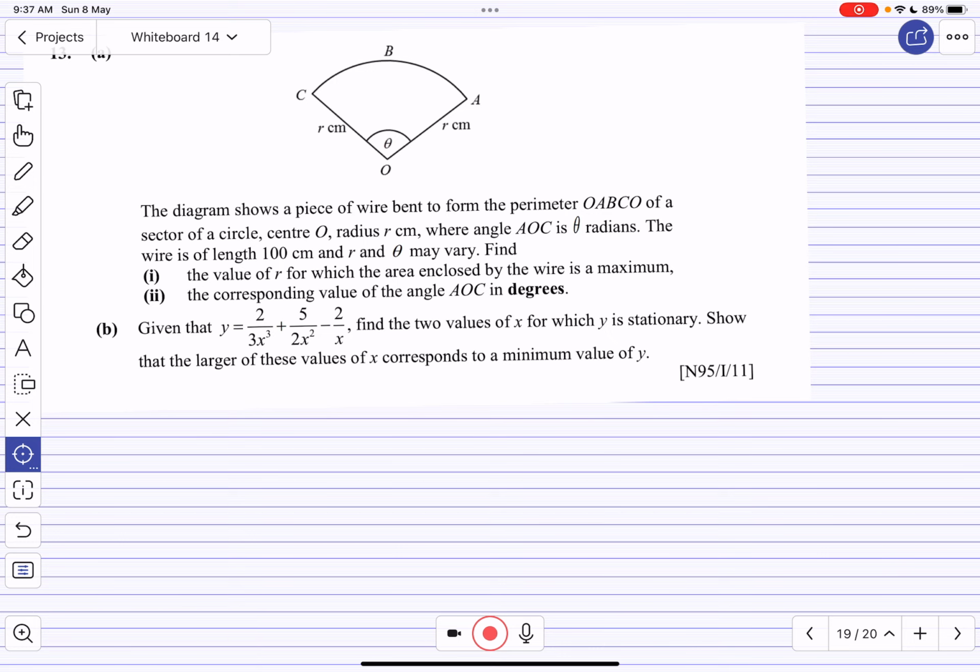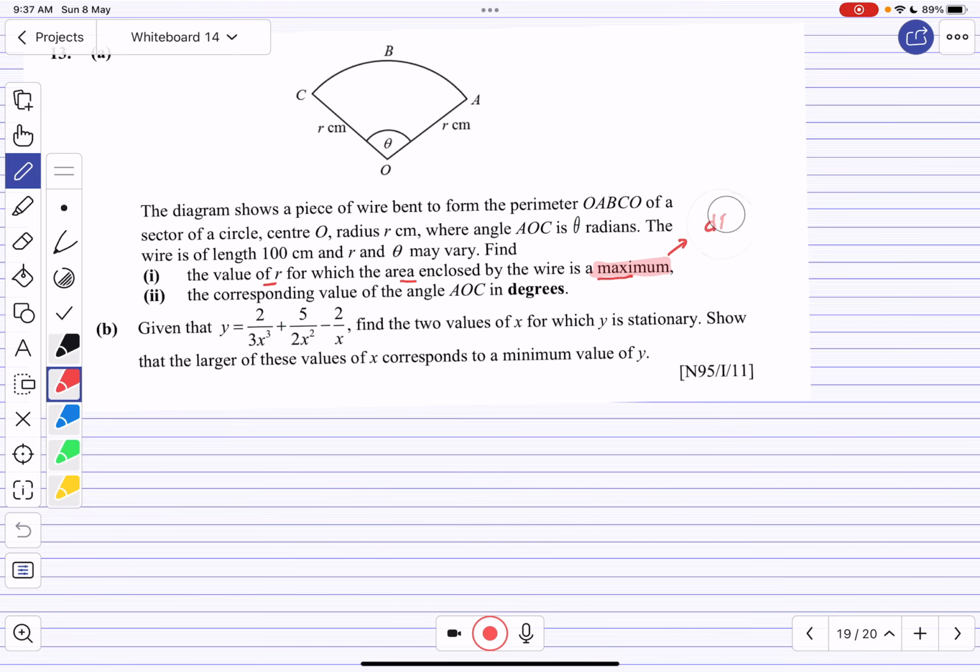Okay, so how do I go about doing this? I know that when I see the word maximum, this will suggest to us that likely this is a differentiation problem on the subtopic of maxima and minima. So the area is a maximum, the value of R, this will give you a hint that you are probably finding dA/dR equals 0, right?